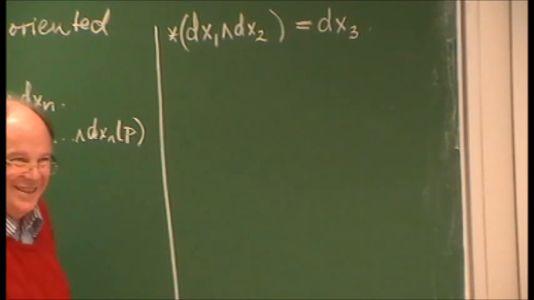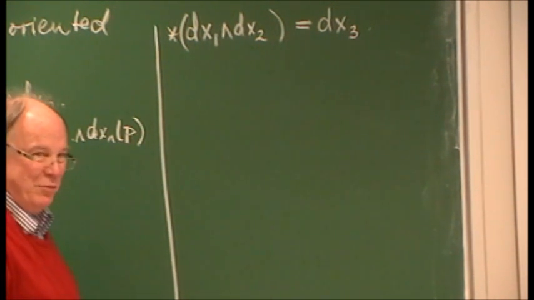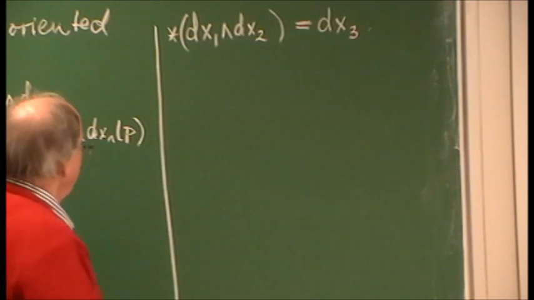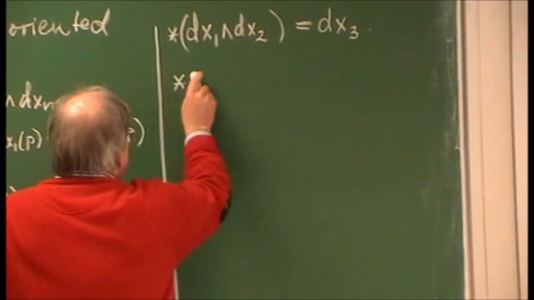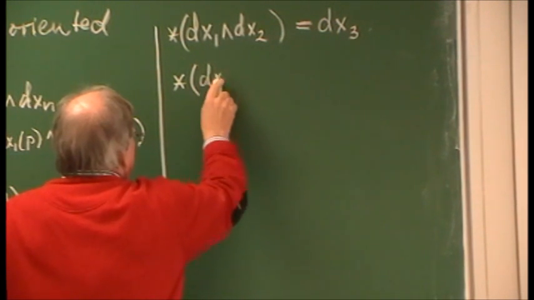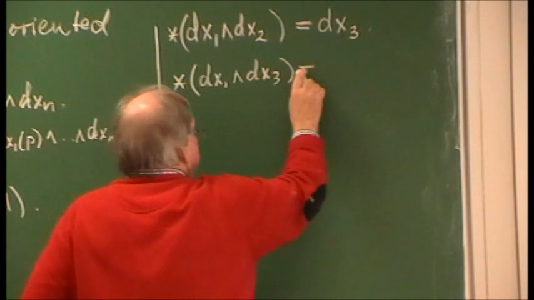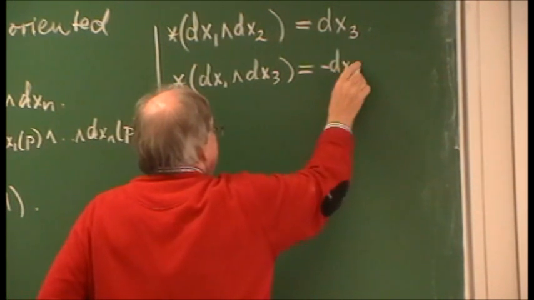Okay. So it's a guessing game. We can play this game with our mothers, or I can play it with my wife and granddaughter. So, okay, here we go. The star of dx1, dx3 is minus dx2.